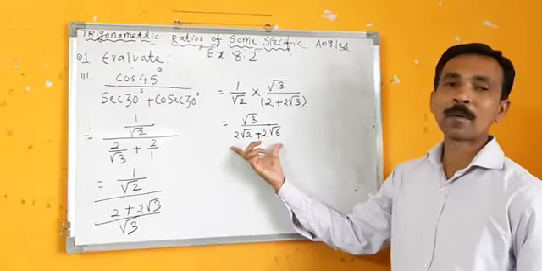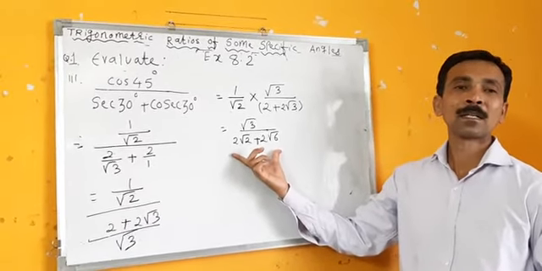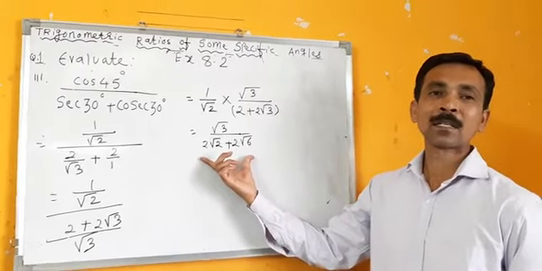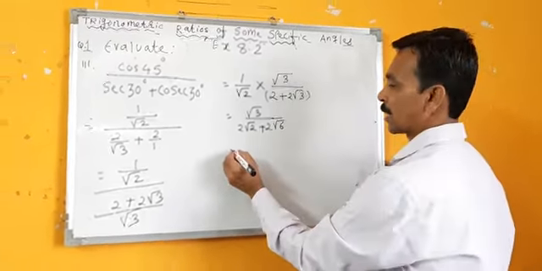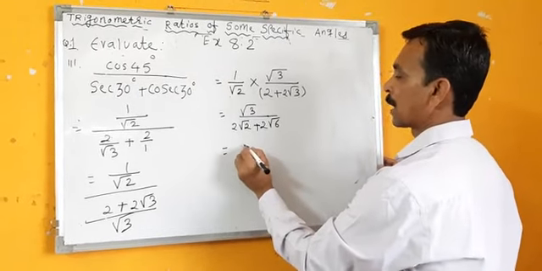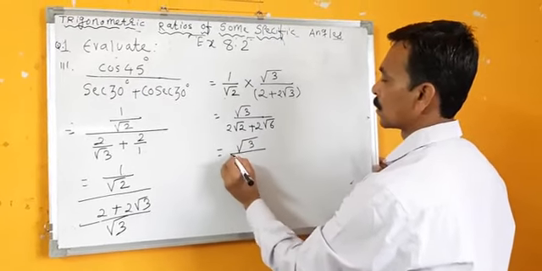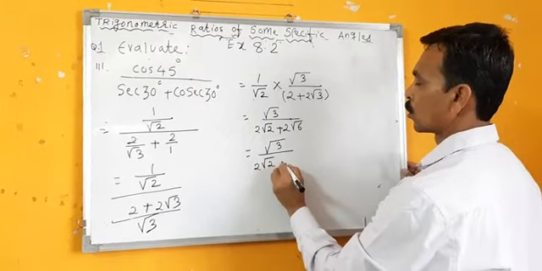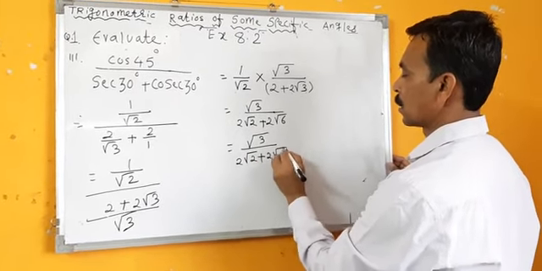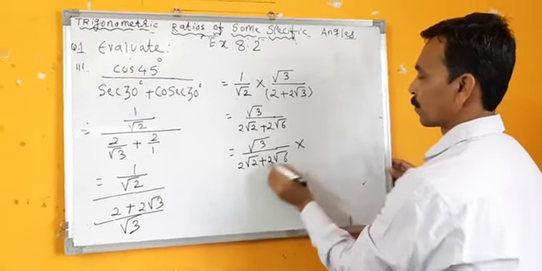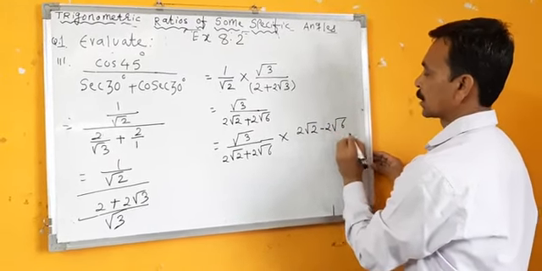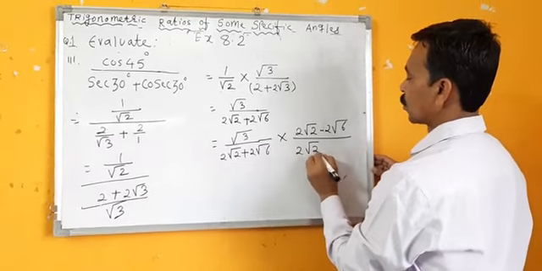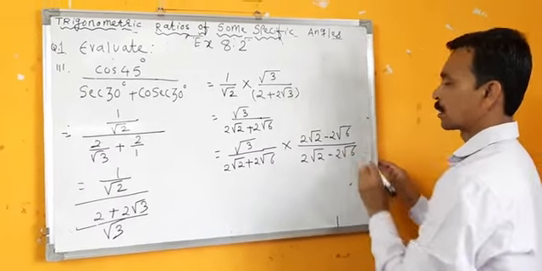But see this denominator. It is an irrational number. And whenever denominator is an irrational number, we have to rationalize it. Understood? So it becomes root 3 upon 2 root 2 plus 2 root 6 into 2 root 2 minus 2 root 6 upon 2 root 2 minus 2 root 6.